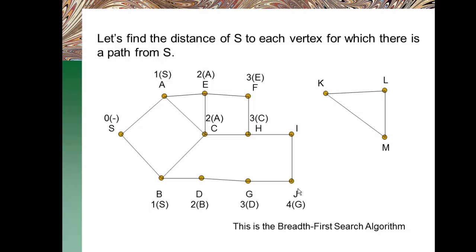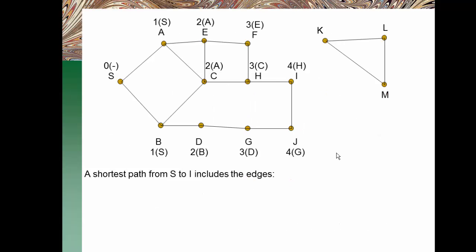Here we label vertex J with 4G. And then finally, we go to H and we find vertex I and we label I with 4H. Notice that there are no more adjacent vertices that are unlabeled. Vertices K, L, and M cannot be reached, and that becomes the end of the algorithm.